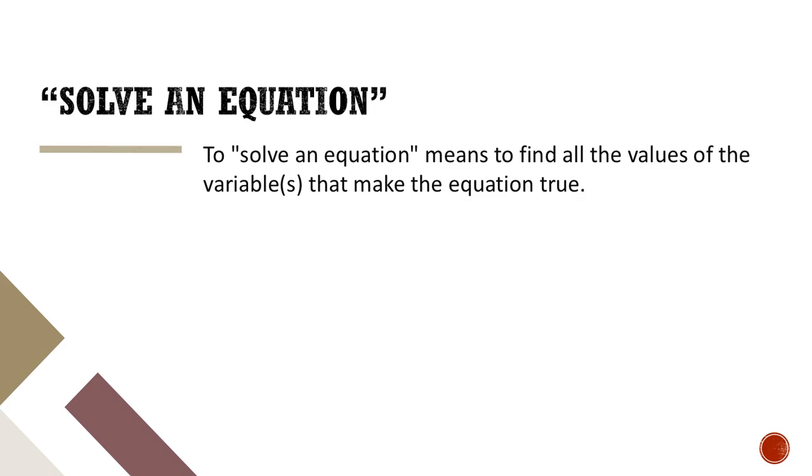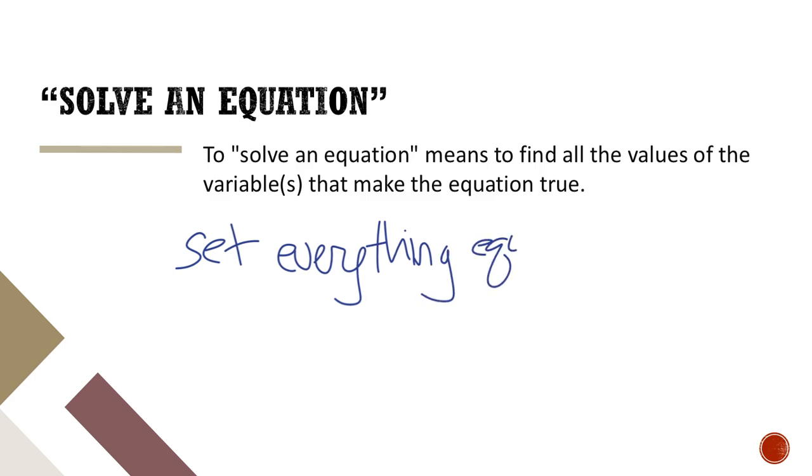So solving an equation. To solve an equation means to find all of the values of the variables that make the equation true. So what we usually do is we're going to set everything equal to 0.